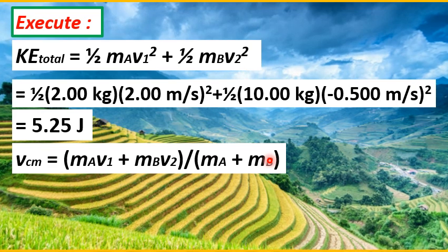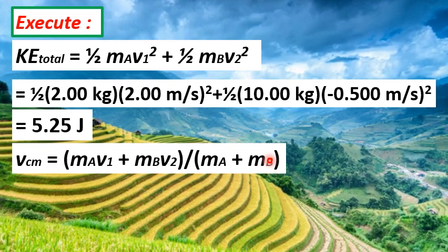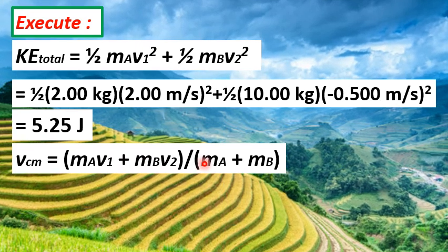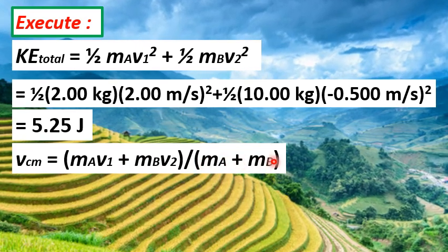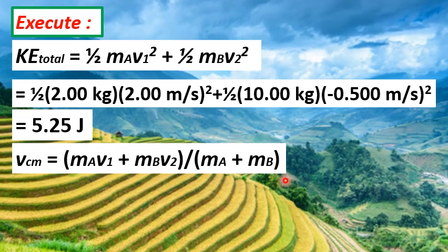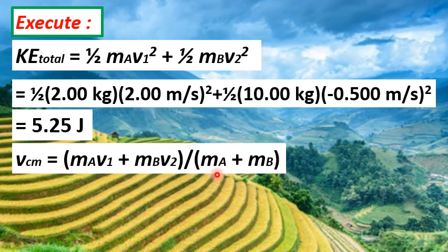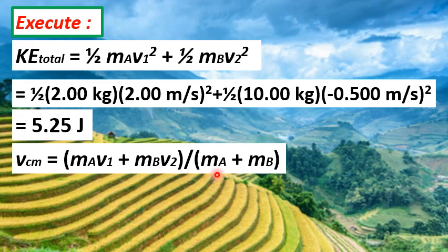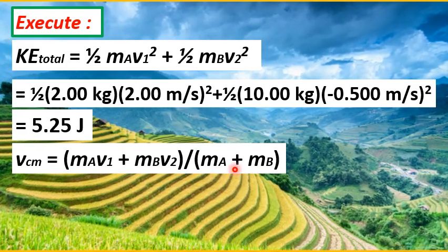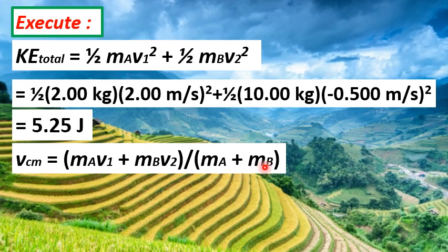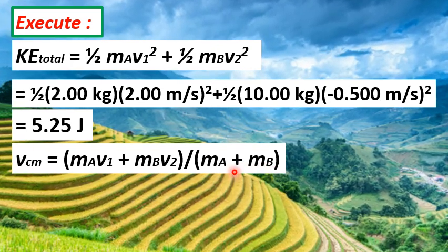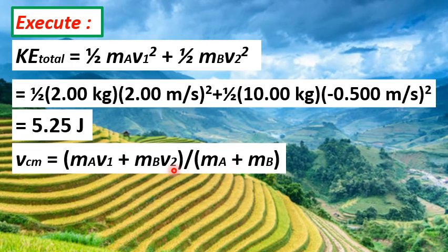So we are using this formula because during the impact, when the stored energy in the bumper's spring is maximum, we say that the two blocks are moving as one body or one system.